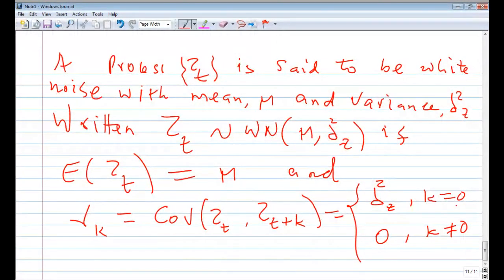That is the definition of a white noise or purely random process.